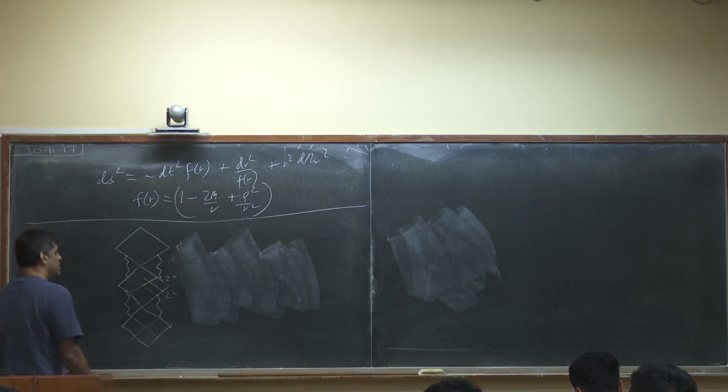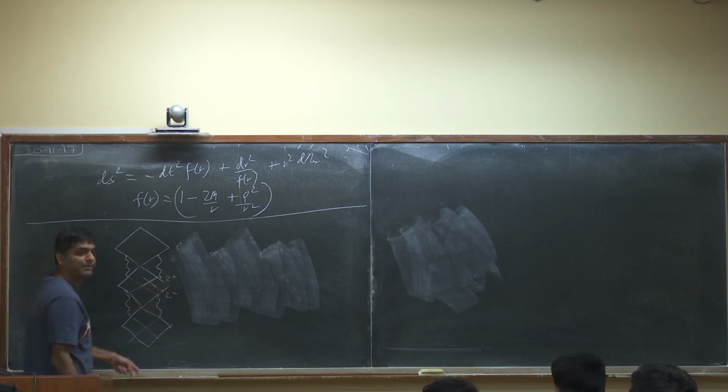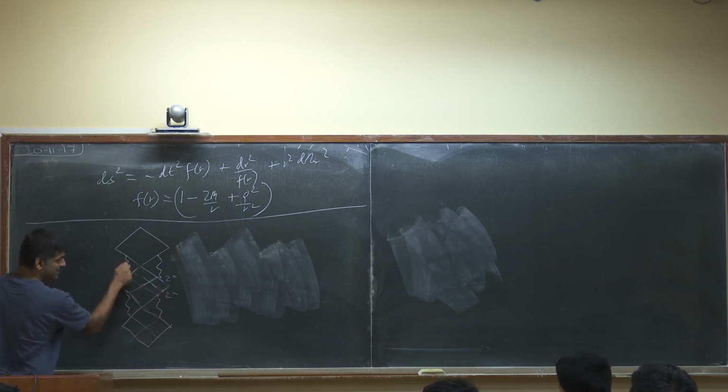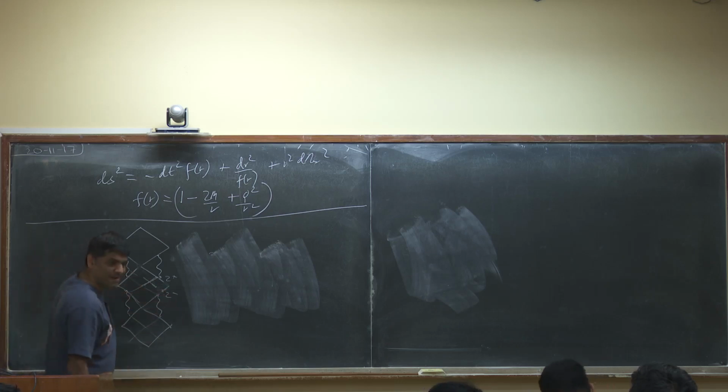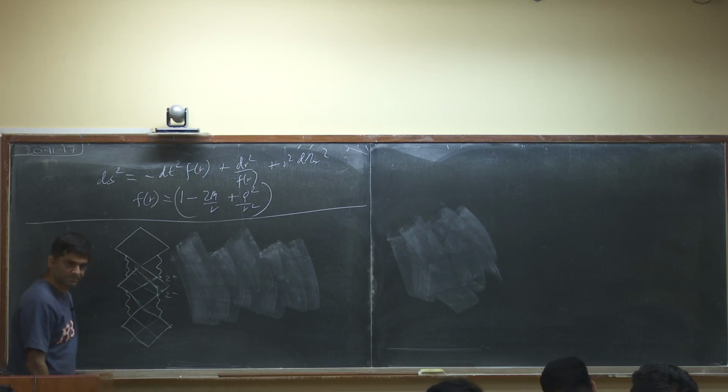So the question I'm going to ask is, what if I've got a geodesic that starts out somewhere here? Let's make it a massive geodesic, not a null ray, because null rays just go straight, by causality. So it starts somewhere here, perhaps it starts here, and then it goes like this. We want to know what happens to it.